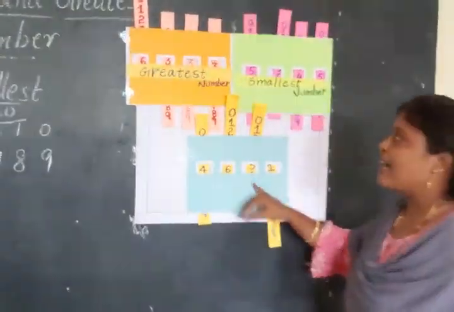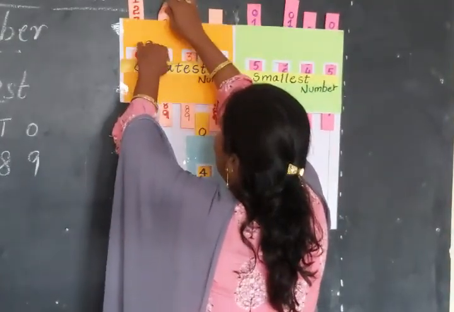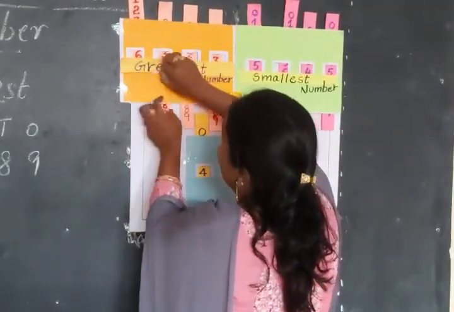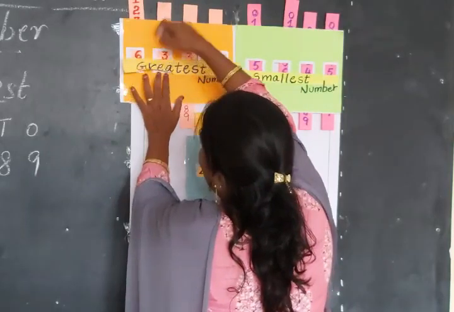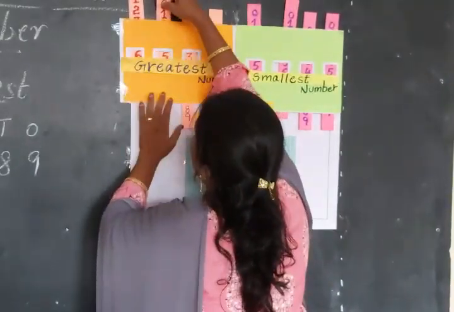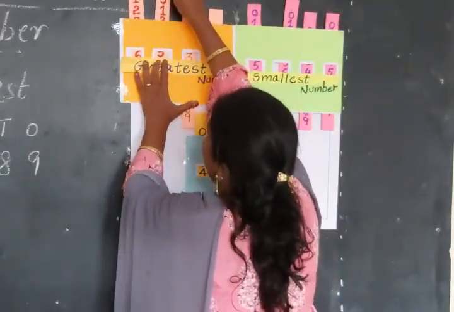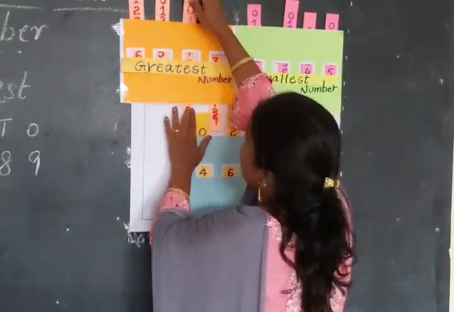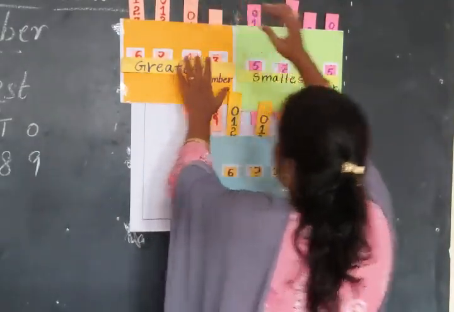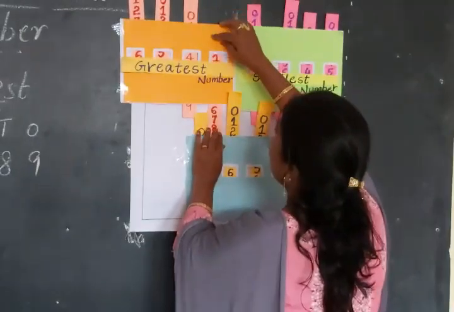It is 5. So, keep 5. And next is 4 and the last is 1.